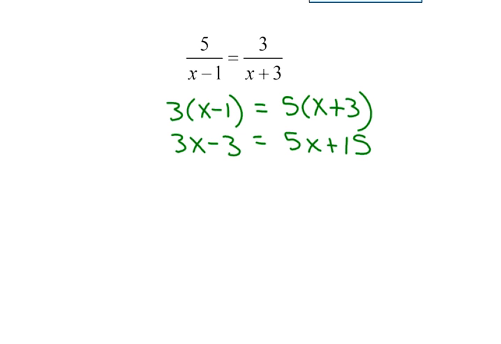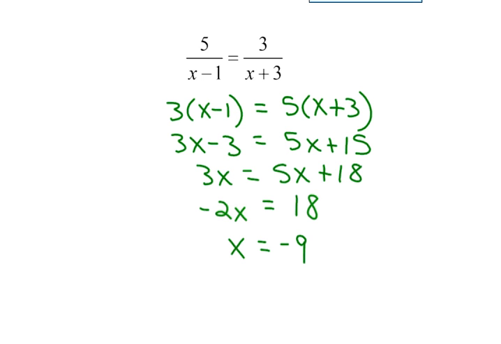Add 3 to both sides, and we get 3x equals 5x plus 18. Then subtract 5x from both sides, so 3x minus 5x is negative 2x equals 18. Finally divide by negative 2, get x equals negative 9.